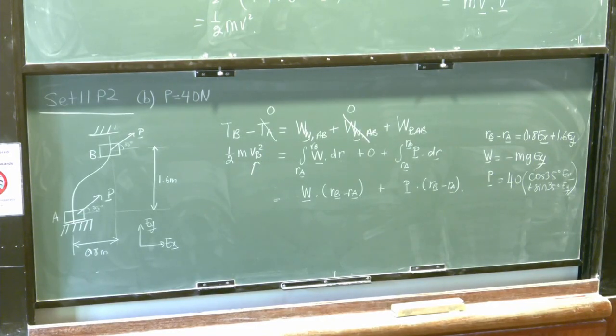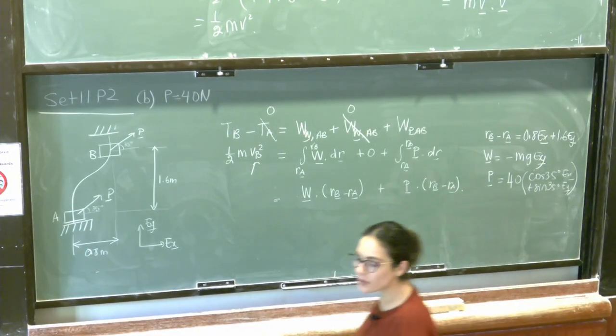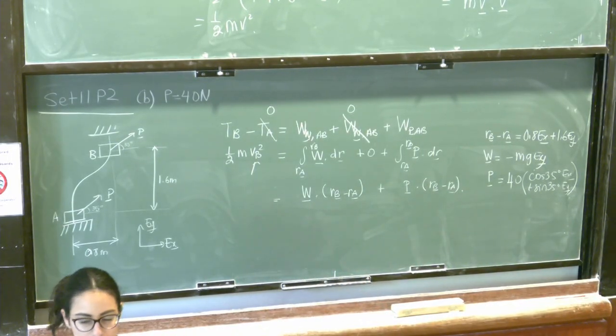So then notice that there are some forces, like the weight, like this force P, whose work does not really depend on the trajectory, it only depends on the endpoints of the path. So you've learned about this in calculus, I think in multivariable calculus.